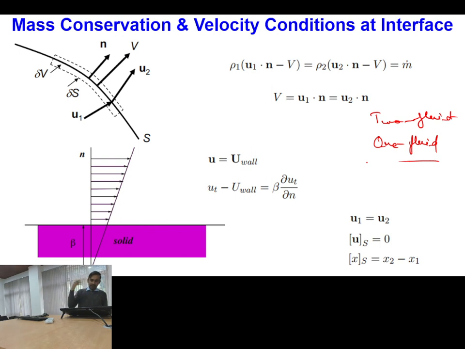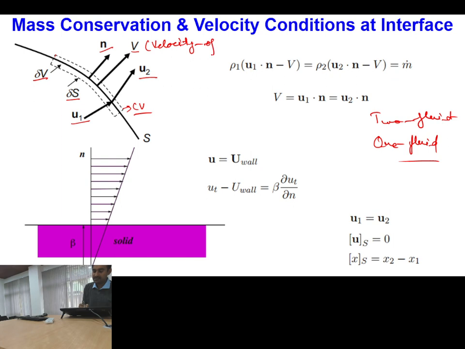Because I have already discussed the two fluid approach, let me quickly recapitulate how mathematically different boundary conditions can be imposed at the interface. Consider that this is your interface and this dashed line is a control volume marked at the interface. Let delta V be its volume, delta S its surface area, U1 the velocity on one side of the interface, U2 the velocity on the other side, N the unit normal vector from the interface, and V the velocity of the interface.